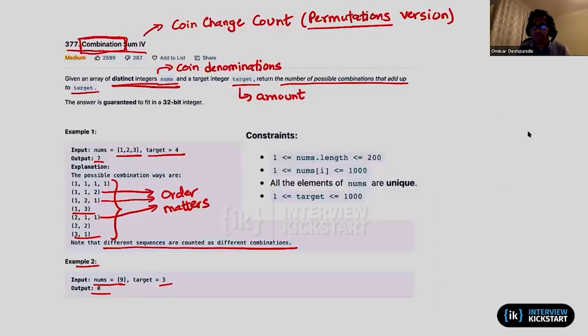Yeah, Pratik. Yeah, Omkar, can you hear me? Yeah. So you say that this is a permutations version. So permutation is usually rearranging the same values in different orders, right? And here we see some of the answers are actually the subset of the given input.